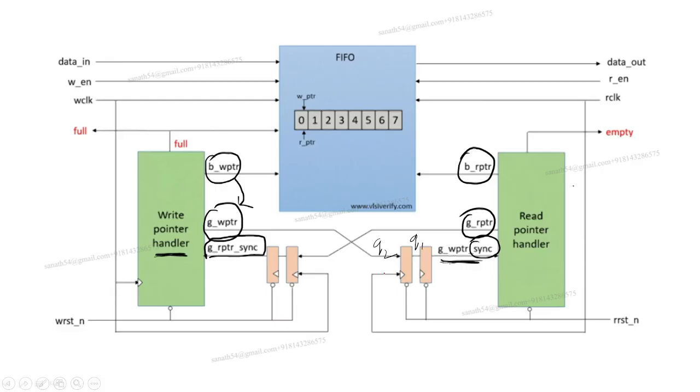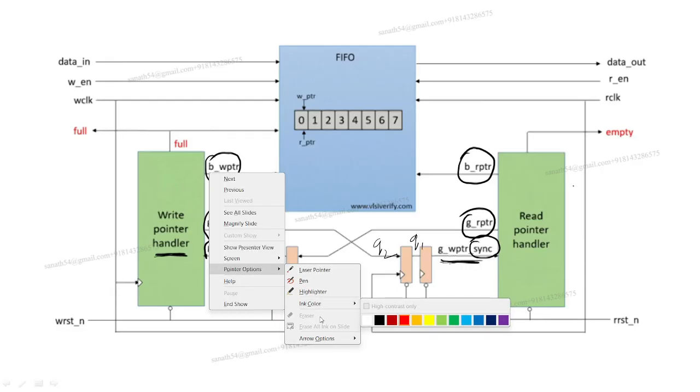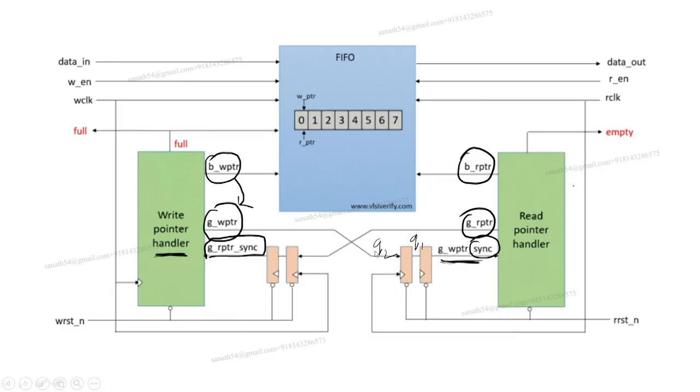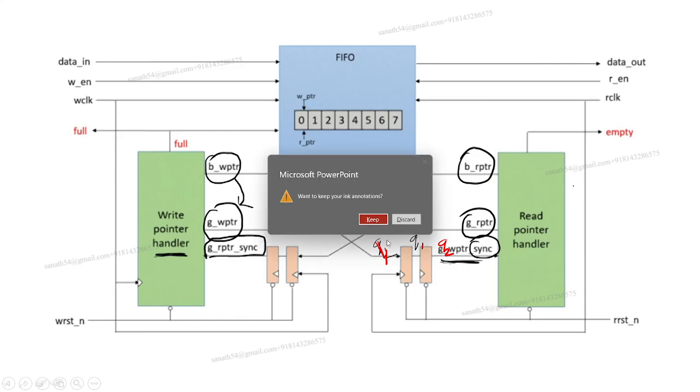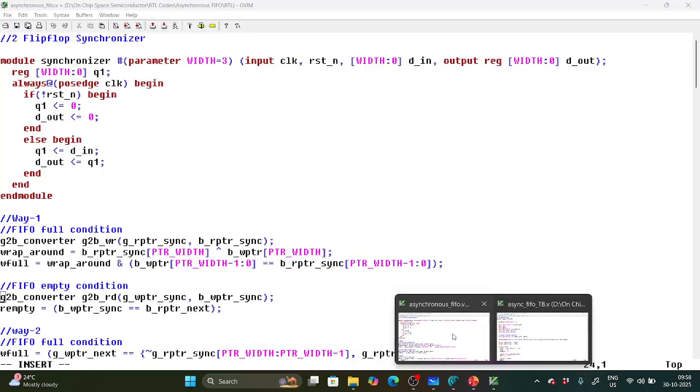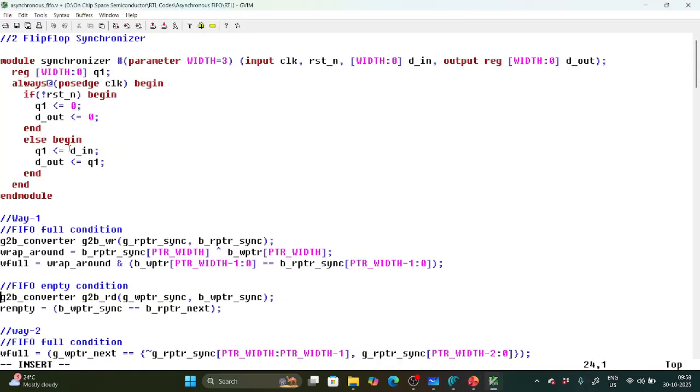So this one is coming from the write pointer and the clock is given. This is the intermediate q1, and you are getting the signal from the write pointer, and this is q2, like this.